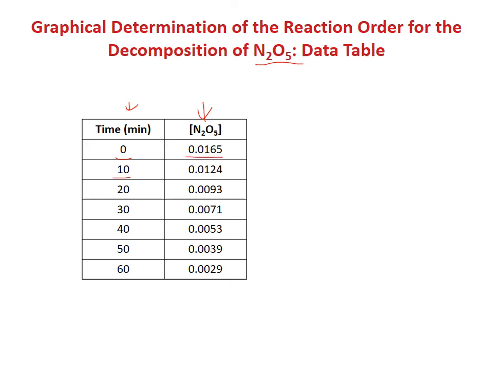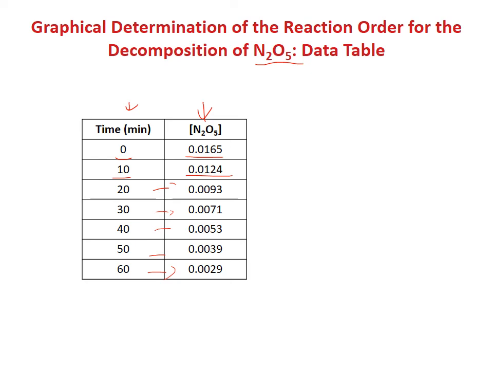After 10 minutes, the concentration decreases to 0.0124. And then you measure the concentration at 20 minutes, 30, 40, 50, 60 minutes. So the question is, how do you find out if the reaction is a first order reaction, or a second order or zero order based on this data?